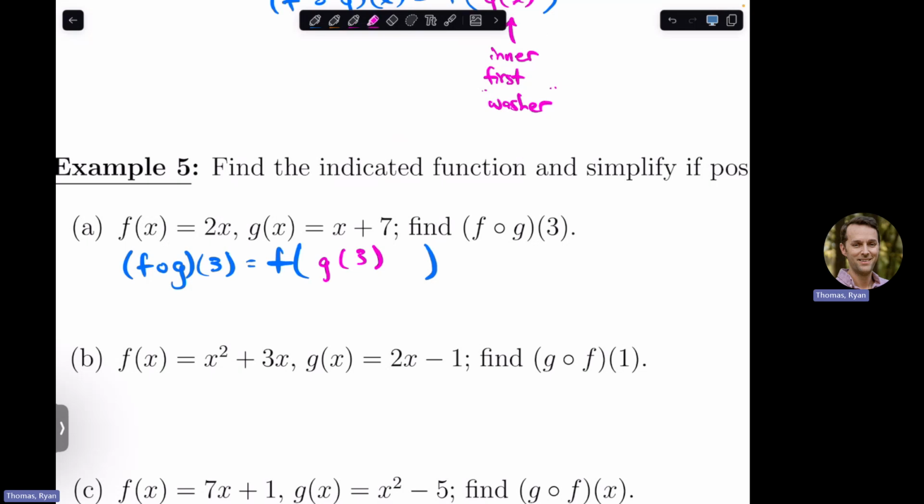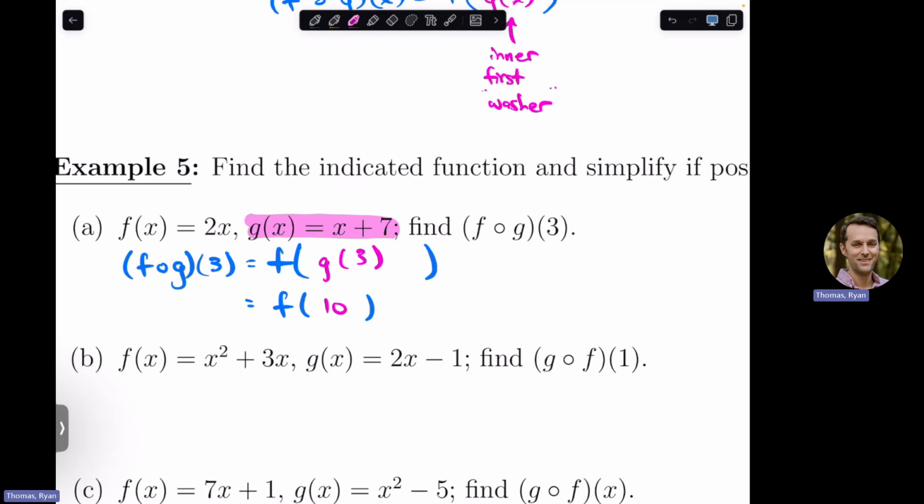So for this particular example, what's g if I let x be 3? Plug 3 into g, you get 3 plus 7, so that's 10. 10 is my pile of wet clothes that need to be dried.